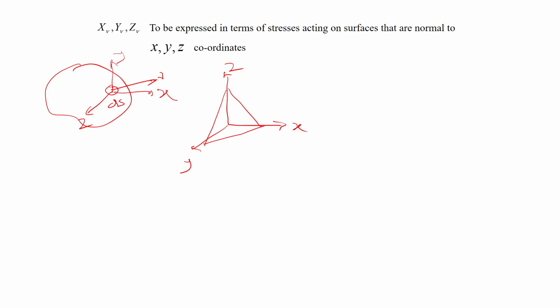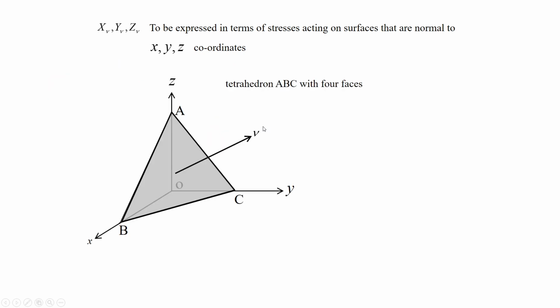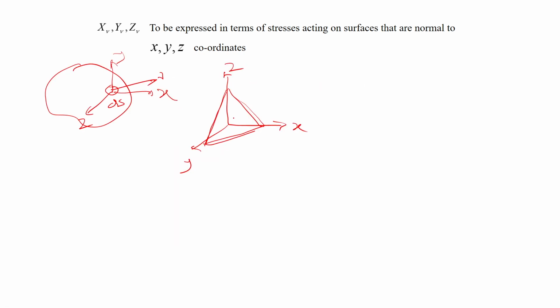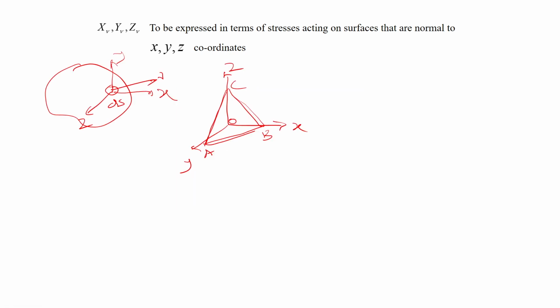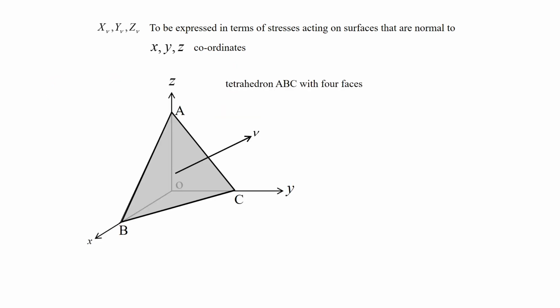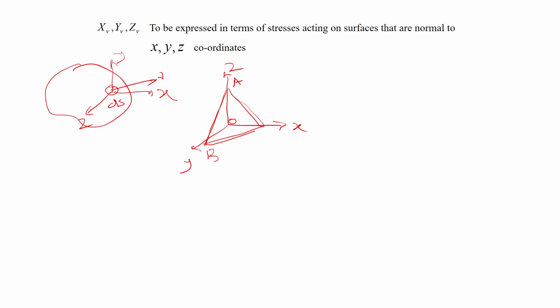Let us say that this is O, and this is A, this is B and this is C. Let me do it differently, just to keep it consistent: this is A here, this is B and this is C.